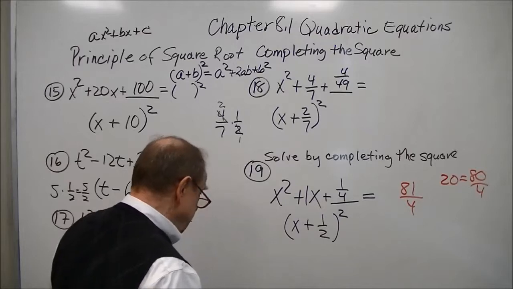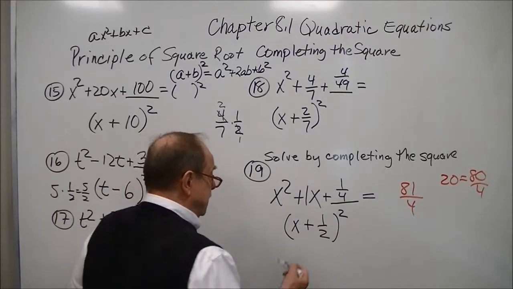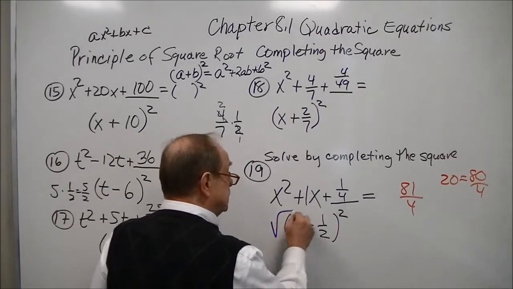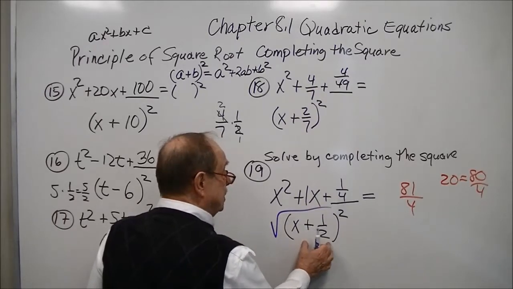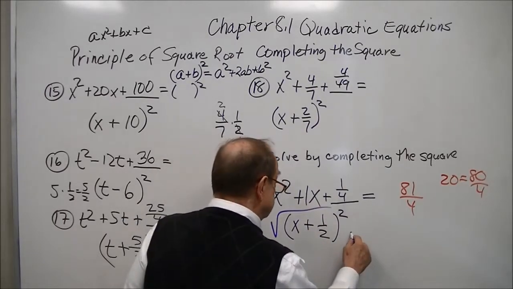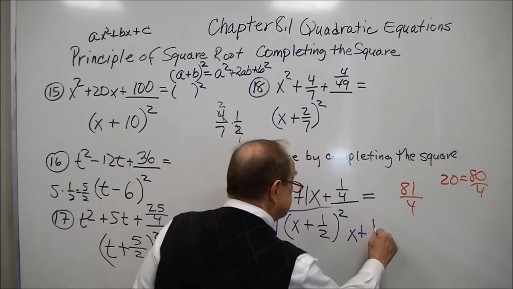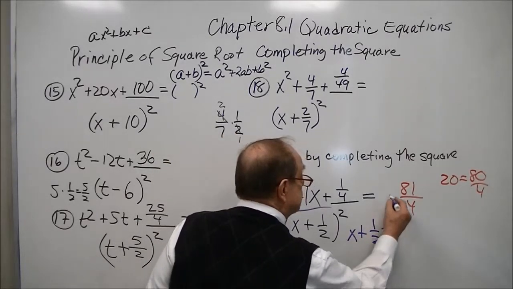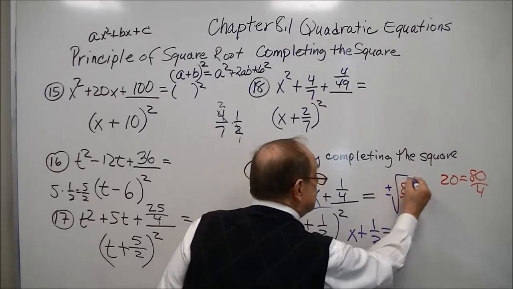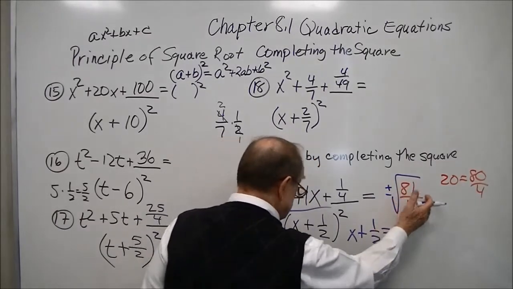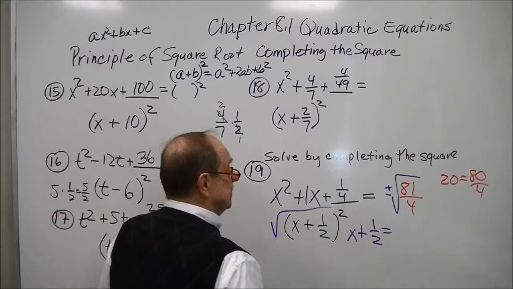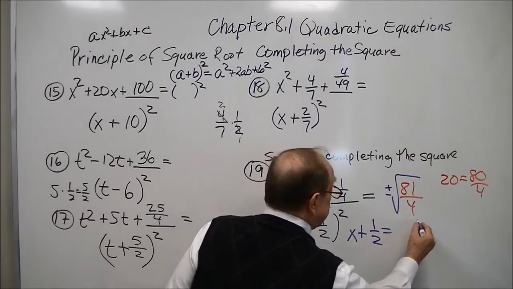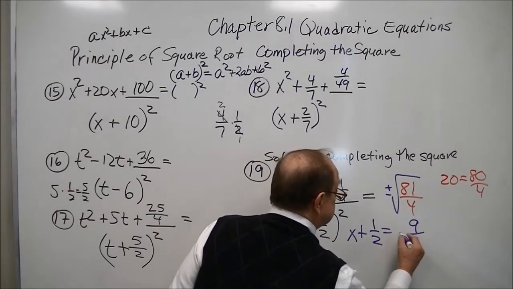So now what I'm doing is I'm going to take the square root of this, now that I have a binomial squared, and this just becomes x plus 1/2 equals plus or minus the square root of that. Fortunately, they're both perfect squares, so this is going to be 9/2.